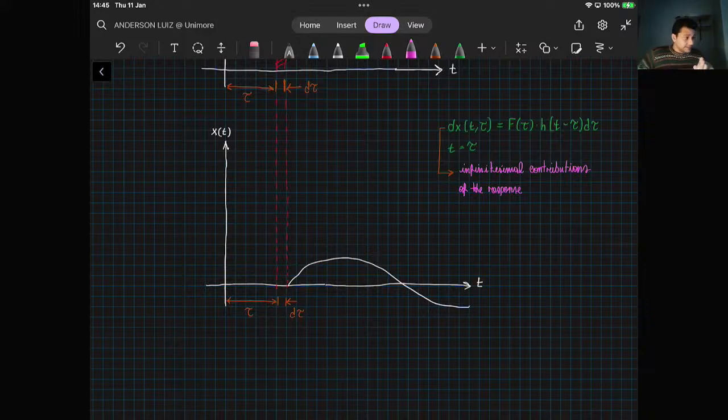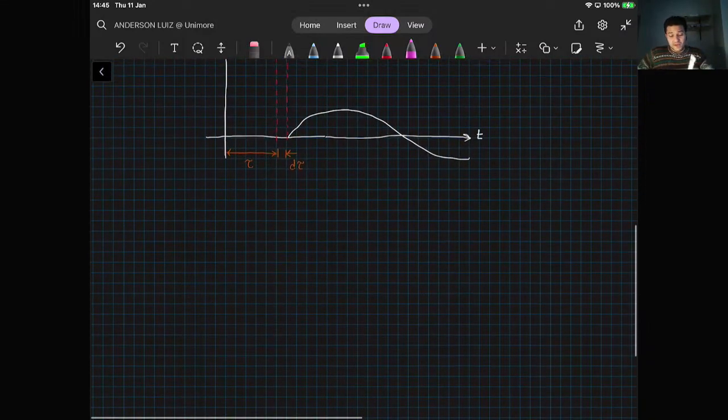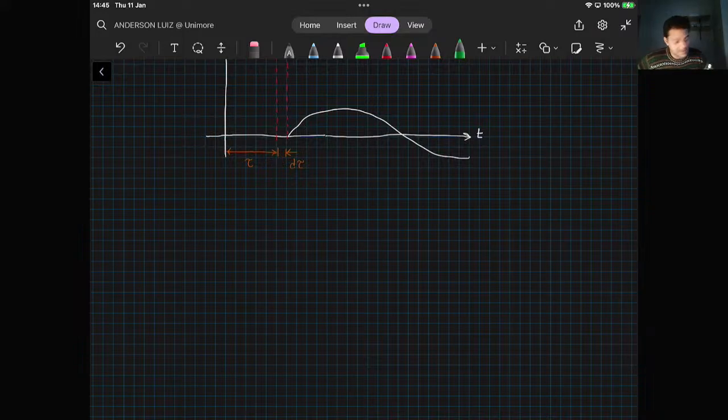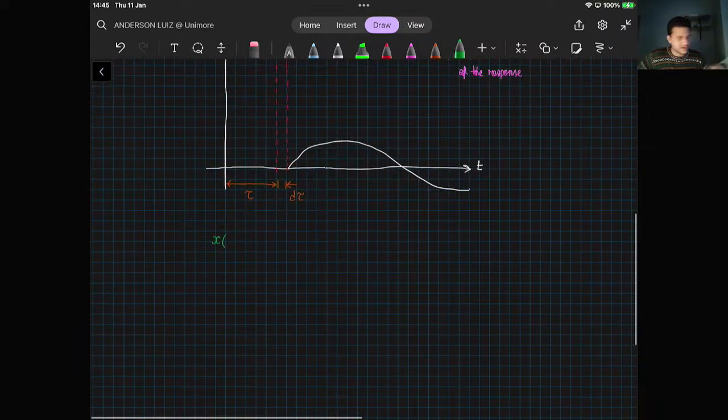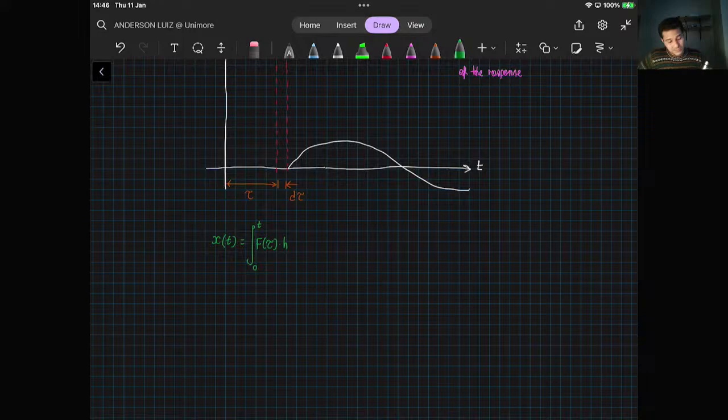Okay, so what will we obtain in the end? We will obtain x(t), the sum of all infinitesimal contributions. And now I write the sum. The sum is the integral from 0 to t of f(tau) times h(t minus tau) d tau. This is the sum of all infinitesimal contributions.